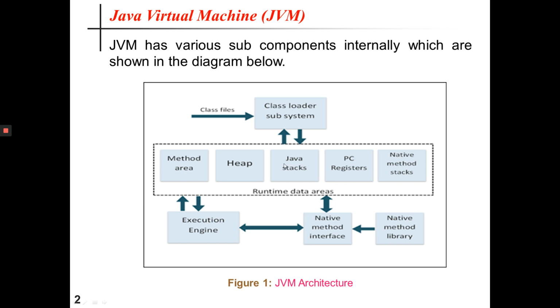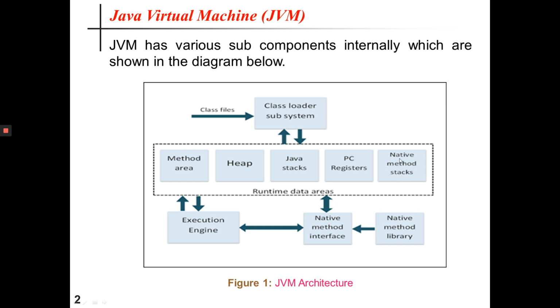Java stacks contain frames. On each frame, a separate method is executed. Next comes program counter registers or PC registers. The program counter registers store the memory address of the instruction to be executed by the processor. And lastly, we have got native method stacks.